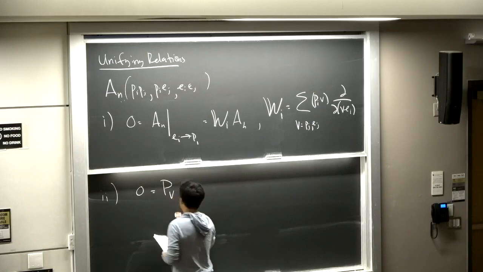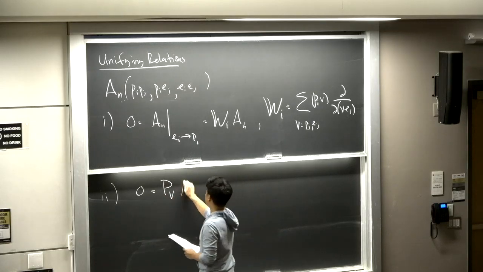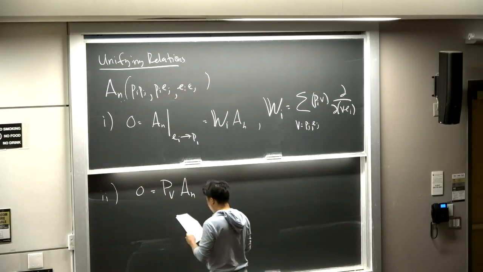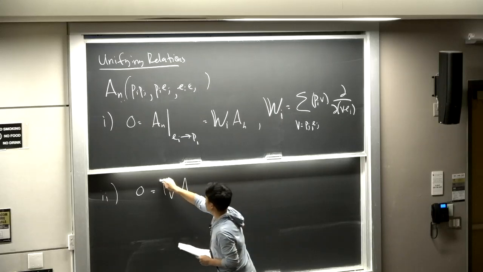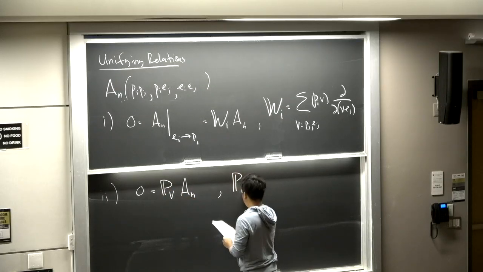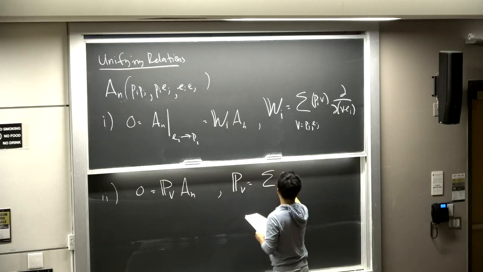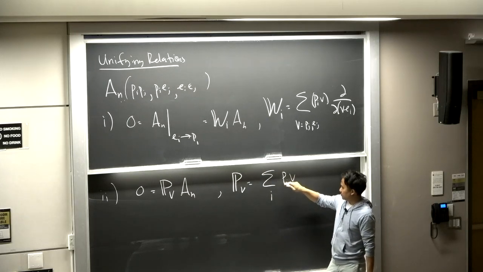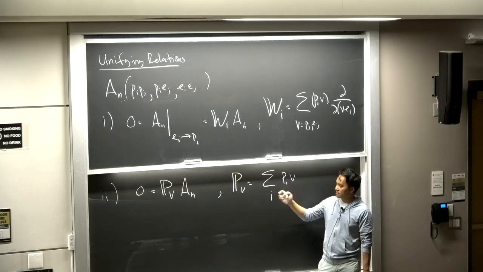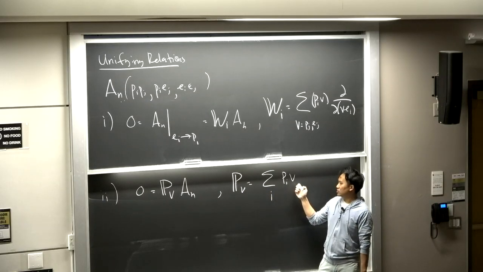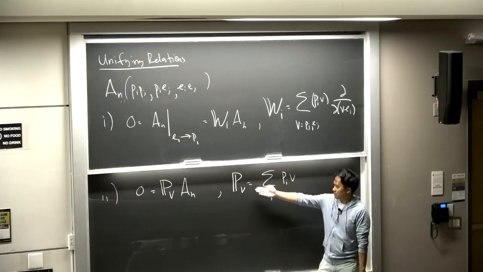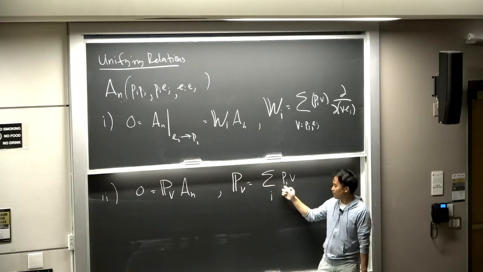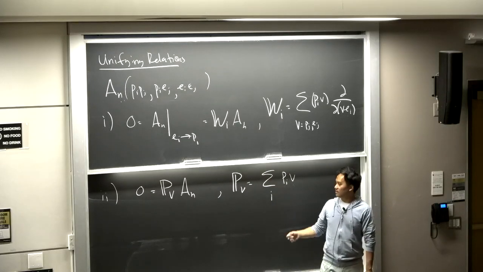So let me define this thing called script P_V, which hits A_n and gives 0, where script P_V is nothing more than the sum over i of Pi dot V. The idea is this operator P_V is just the vector V, which is some vector of your choice, dotted into every momentum and summed. This sums to 0.